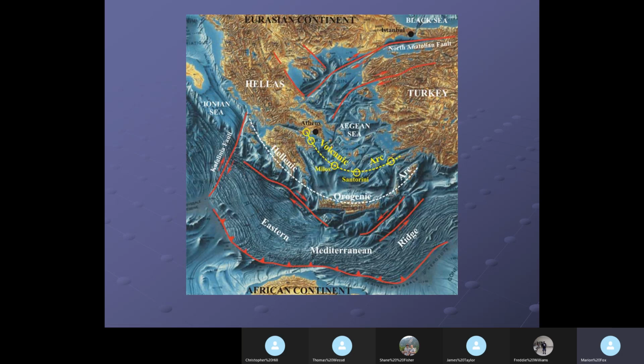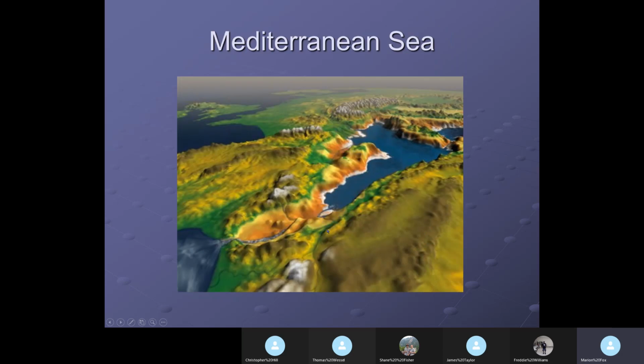And when it does, it's going to create some fault lines. And this is the orogenic, Oros is mountain, and genic is mountain building, a mountain building arc across here. Hellenic, Hellas is the Greek word for Greece. It's what they call their nation. And so right in here, this is some serious faulting areas for geologic faulting.